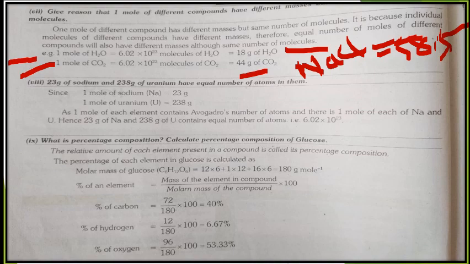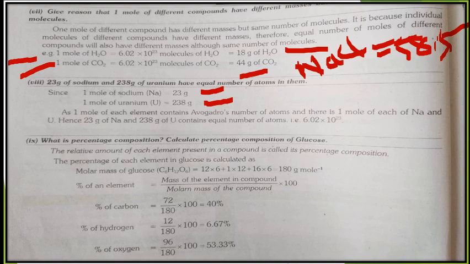Now, the next one: 23 grams of sodium and 23 grams of uranium have equal number of atoms in them. Yes, it is correct. How? Just take a look. It is the same as the above question. 1 mole of sodium has a mass of 23 grams. 1 mole of uranium has a mass of 238 grams.